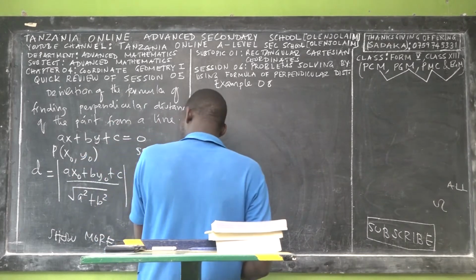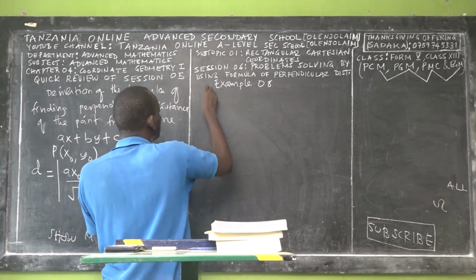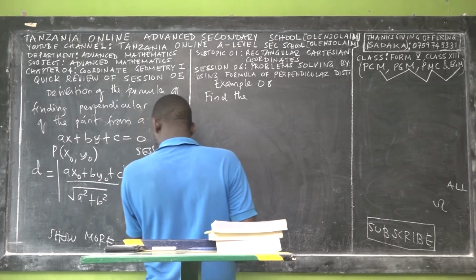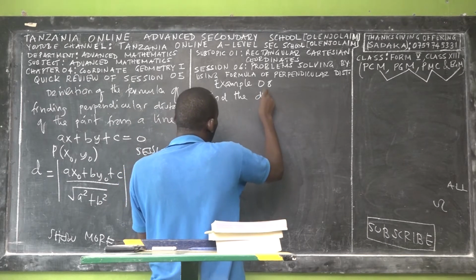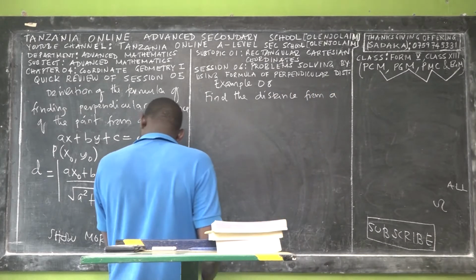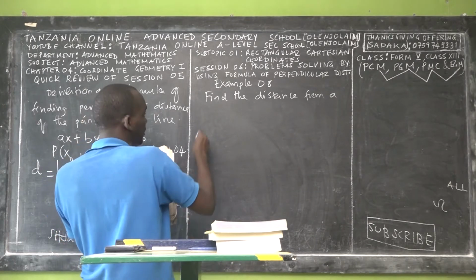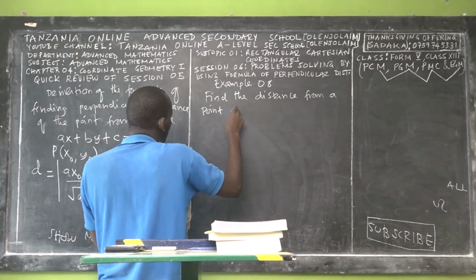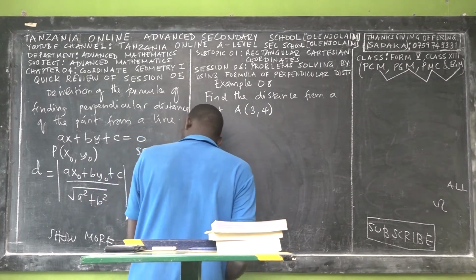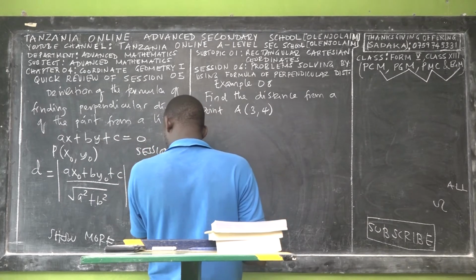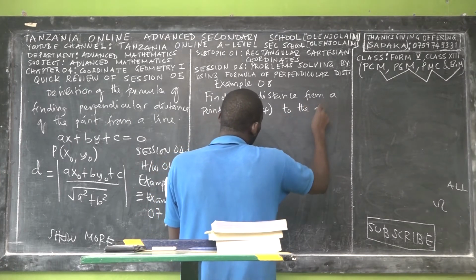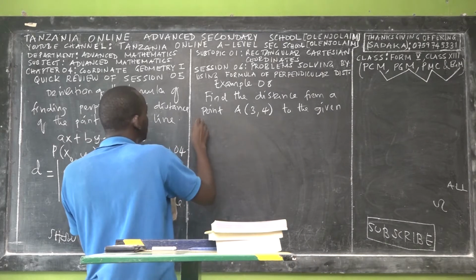So example 8. The question asks us to do this: find the distance from the point A (3,4) to the given line.